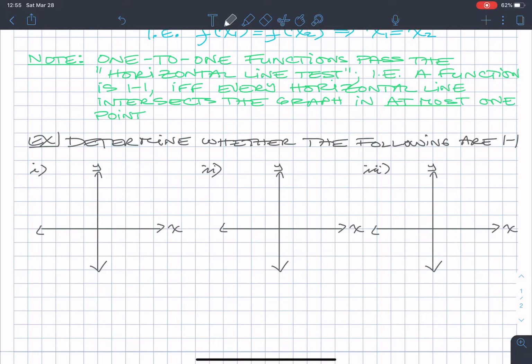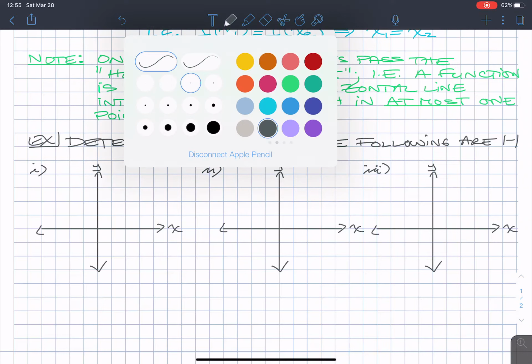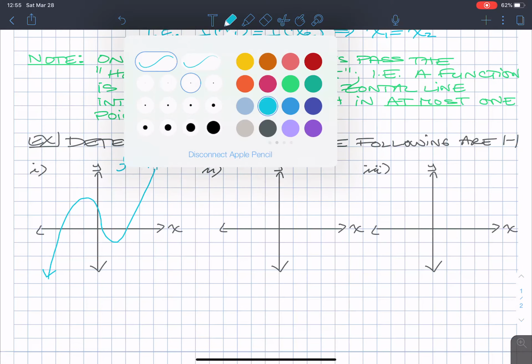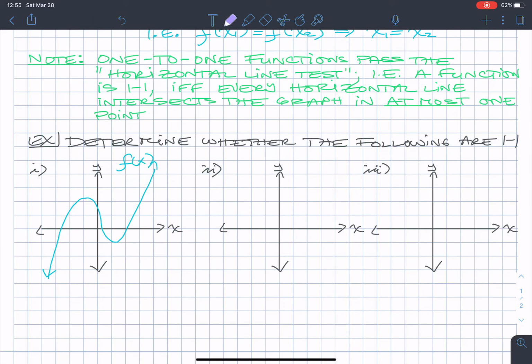Okay, so first, let's say we have a graph that looks something like this, some sort of a cubic, like so. So is this function 1 to 1? Well, notice this horizontal line intersects 3 times, so this is absolutely not 1 to 1.